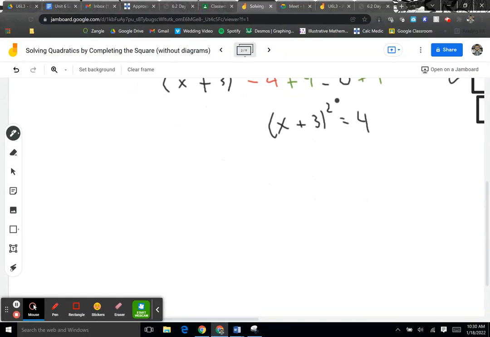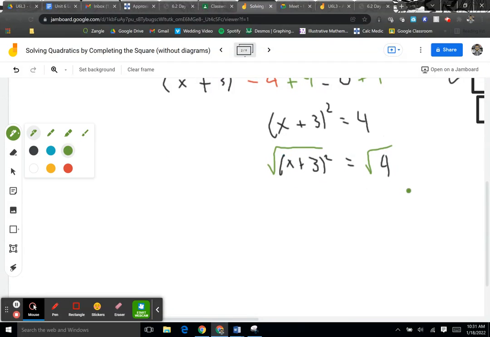Okay, our next step, we want to undo the square here. So to cancel out a square, we know all we have to do is take the square root. So we'll take the square root of both sides of the equation. We'll have x plus 3 in here, which was squared. It's equal to the square root of 4. But remember, there's not just one square root, there are 2 square roots.